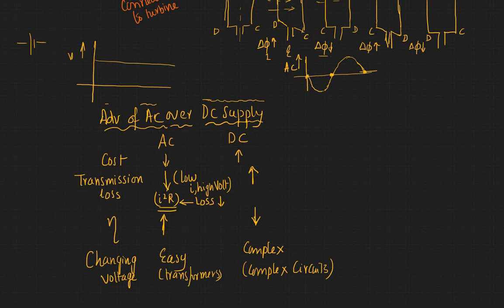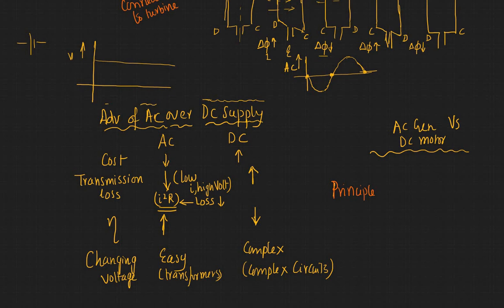Now we can also contrast the construction of an AC generator versus a DC motor. Let's not just worry about the construction, let's worry about the difference between an AC generator and a DC motor. First is the principle.